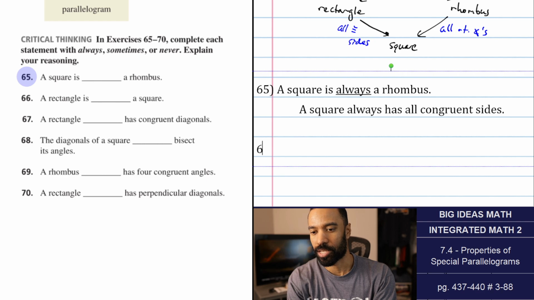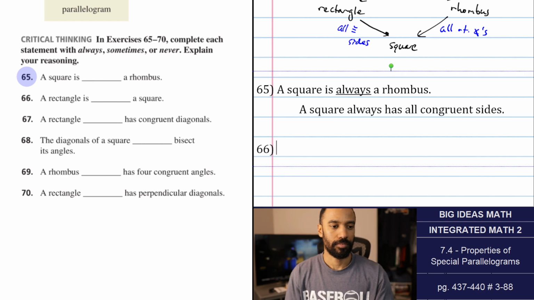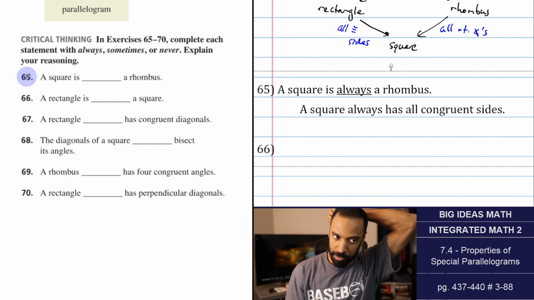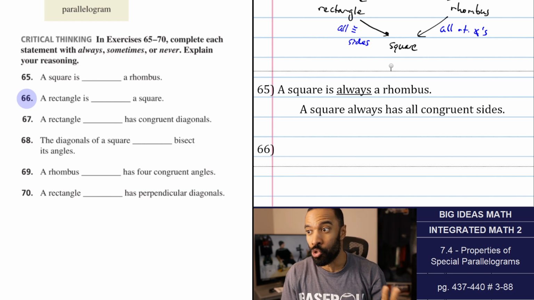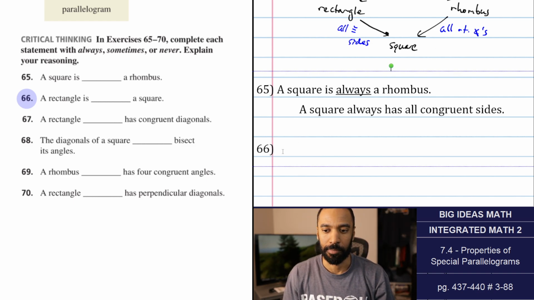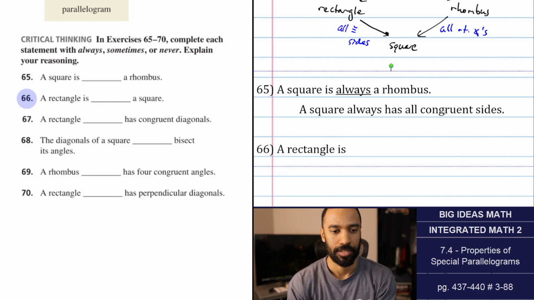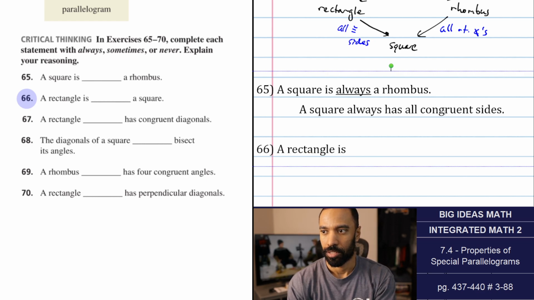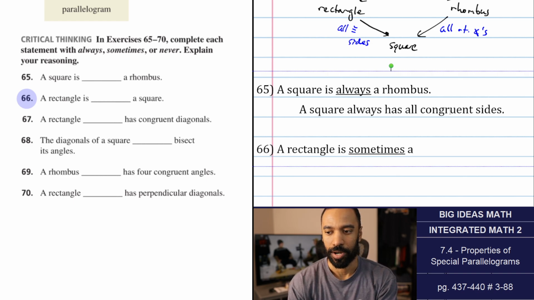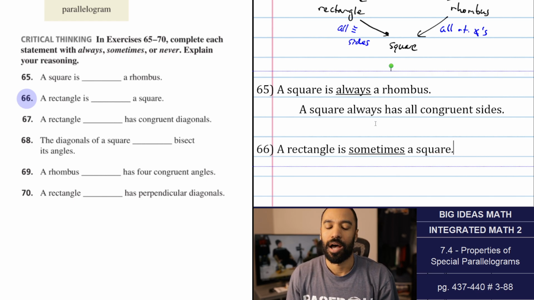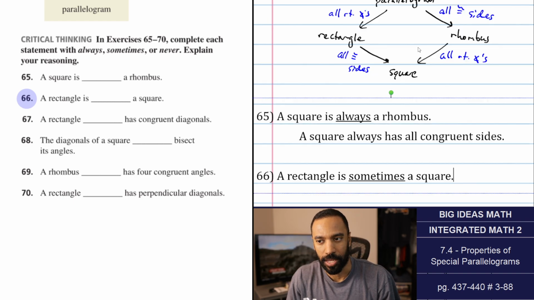All right, number 66. For explain your reasoning, I might not be very good at saying what you want to put, but I'll try. A rectangle is sometimes a square. A square is always a rectangle, right?